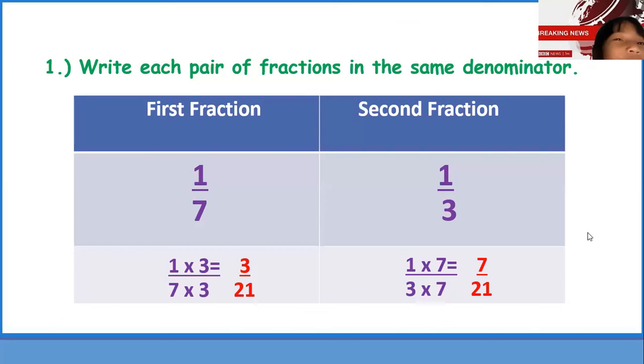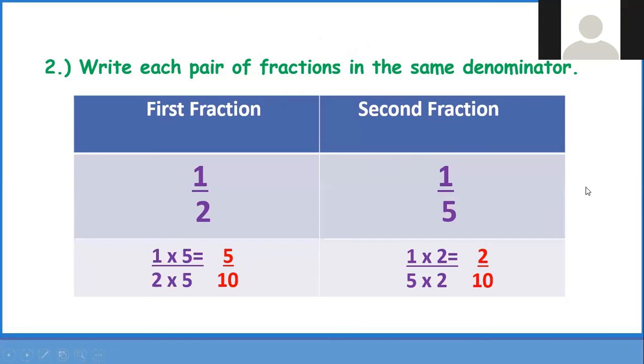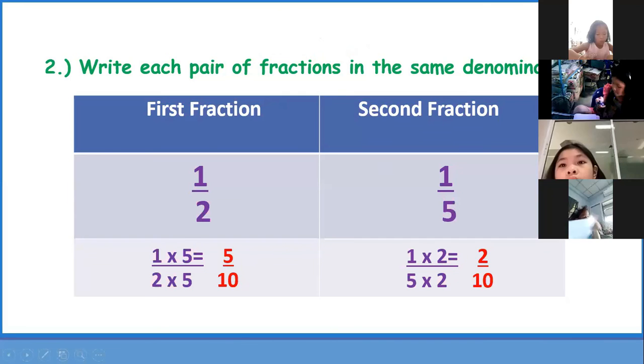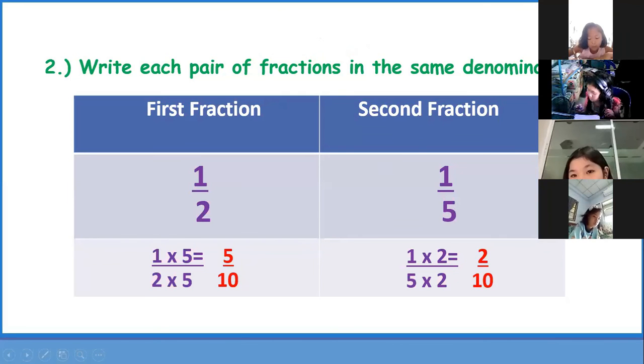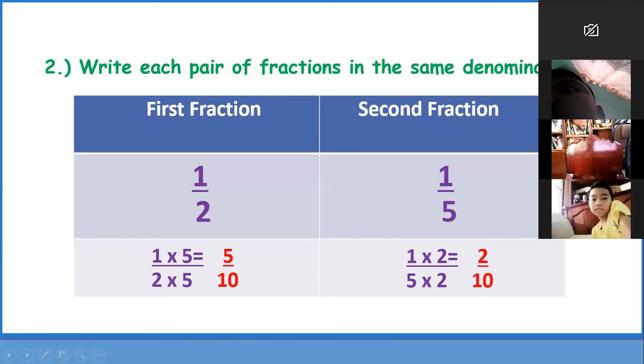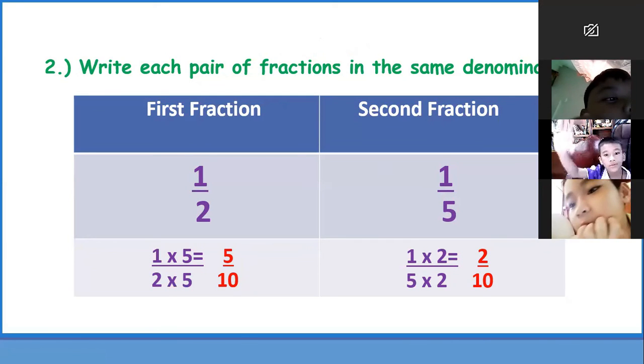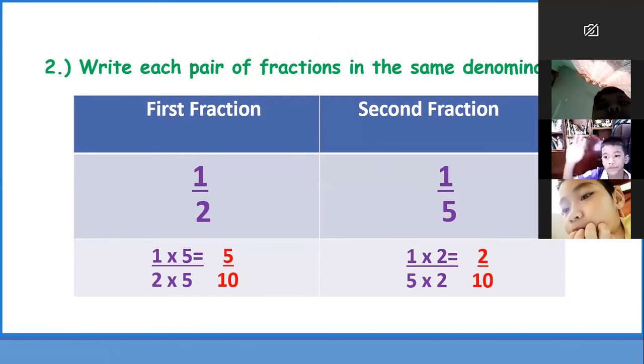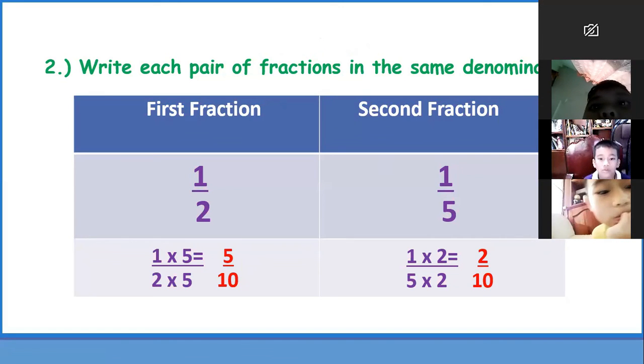I'm correct. Okay. Number 2, the answer is this. Check it. Who got the answer for number 2? Okay, very good. Are you correct? Number 2?